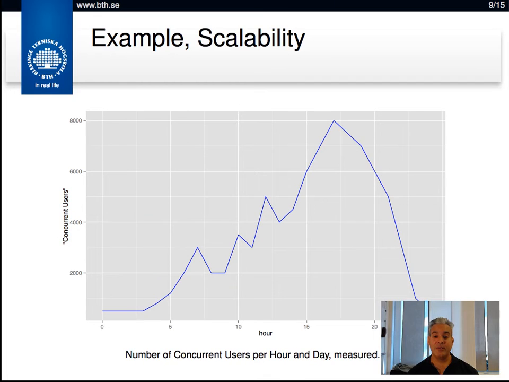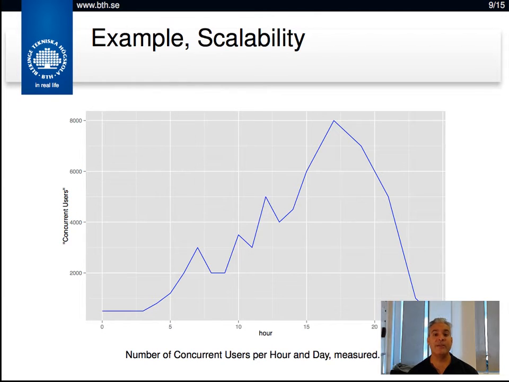If we instead look at this per hour, we may see that this average number of concurrent users fluctuates rather wildly, anything from between 500 during the slump hours up to 8,000 during peak hours in 1 day. And this tells a completely different story.